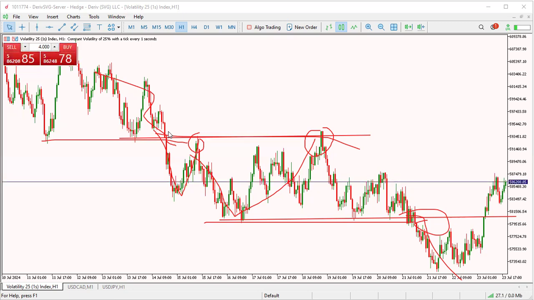As it says, boom, it's just an instrument like indices, all the other instruments, but in this case it booms, or it spikes upwards, and then the crash does the opposite. I think that is the easiest way.